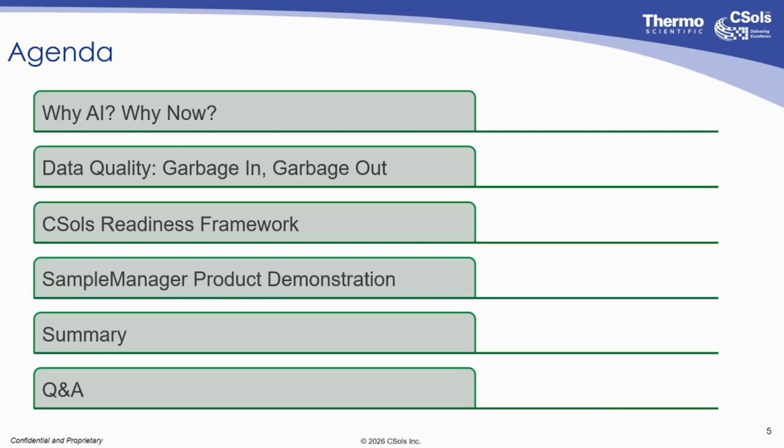This webinar will cover practical rules and concepts around AI and data, what you should have in place before you try and use AI. And you'll also see SampleManager LIMS using some of the current tools available in the product to do cool and useful things.